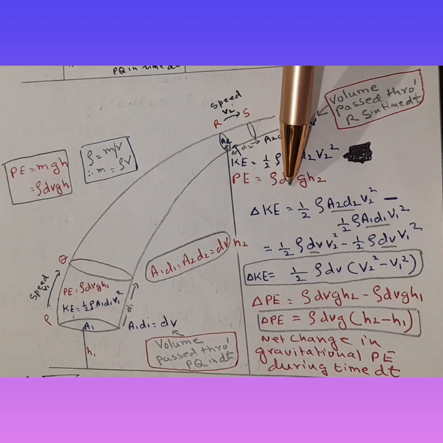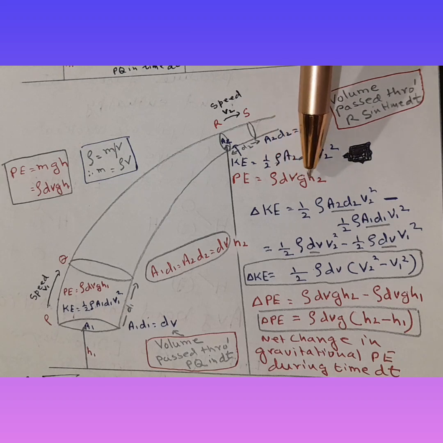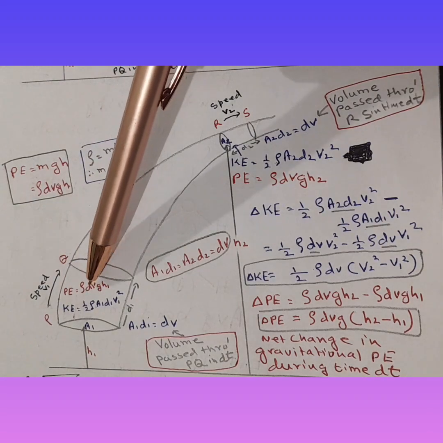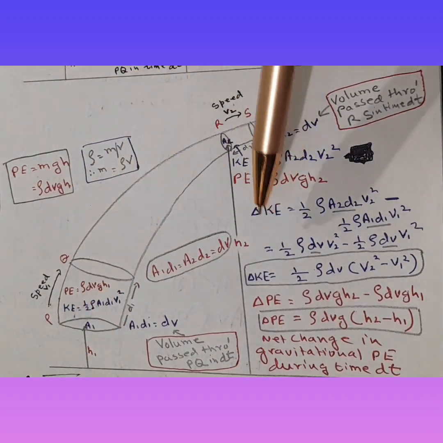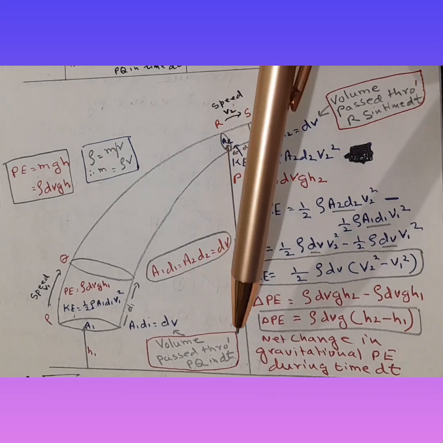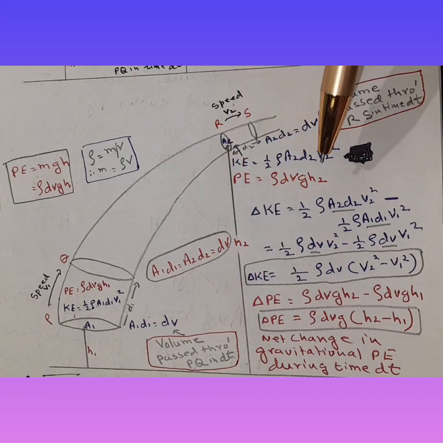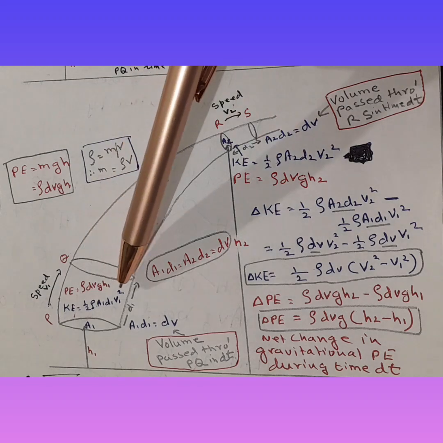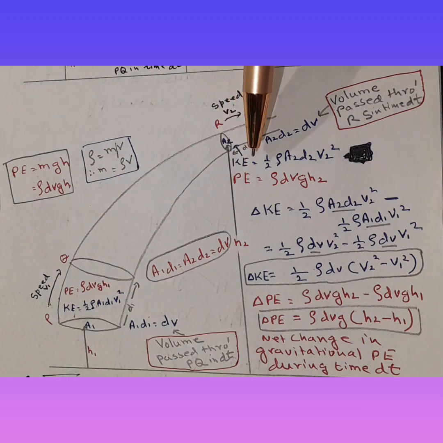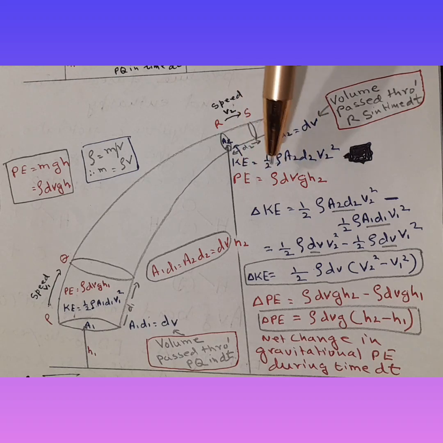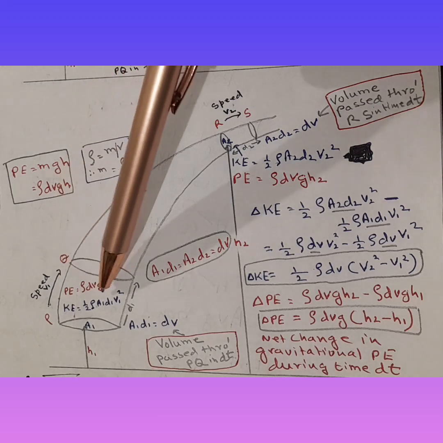So this becomes mgh. So this becomes the potential energy for this section, and this becomes the potential energy for this section, since it is at height h1, and since this column is at a height of h2, so you have h2 over here. So that's the formula. PE is equal to this, KE is equal to this. So we got formula for both kinetic energy and potential energy in both the sections.